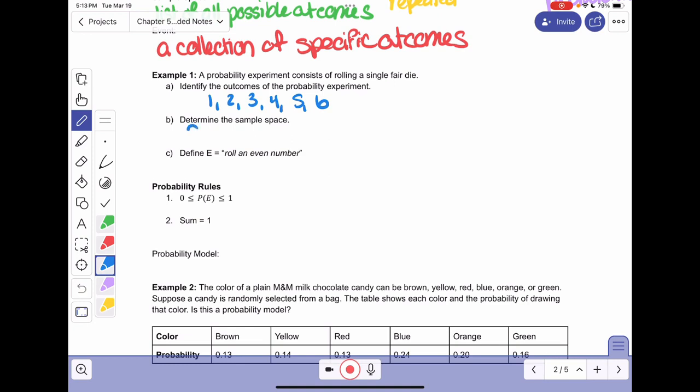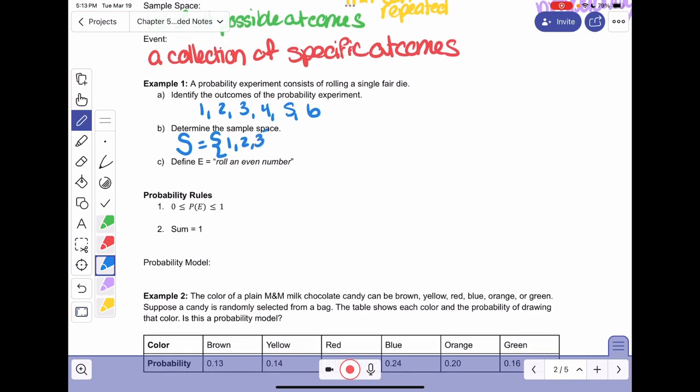So the sample space, with a capital S, would just list those in curly brackets. An event, even number: now we're looking for specifically the even outcomes from that sample space. So it brings it down to 2, 4, and 6. That's all that vocab is saying.